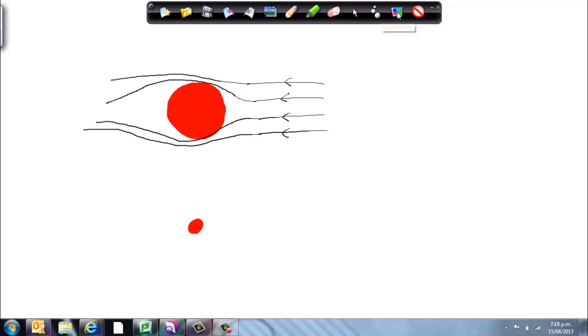And what we have created at the back is what's called a negative air pressure, which actually brings the ball back, or stops its acceleration through.